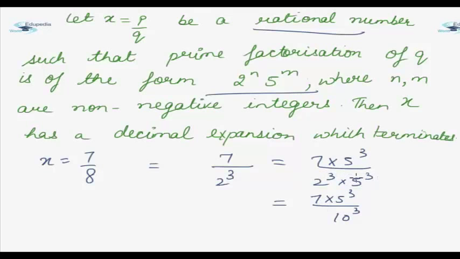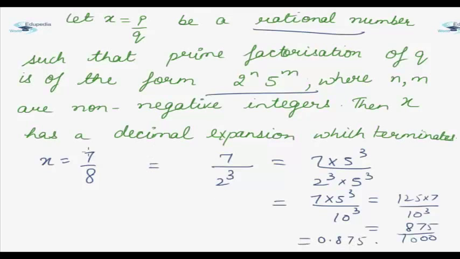Multiplying the denominator by 5 cube has also resulted in calculating the decimal part of this number with a greater ease, because this will give us 125 into 7, that is 875 over 1000, which is nothing but 0.875.